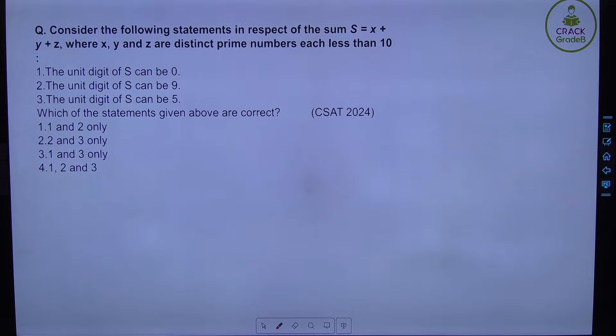What is the answer? Okay, you are saying 1, 2, and 3, right? Okay. Try to put 3 or 4 minutes for this question, and maybe your answer is not correct, so try to solve it again.